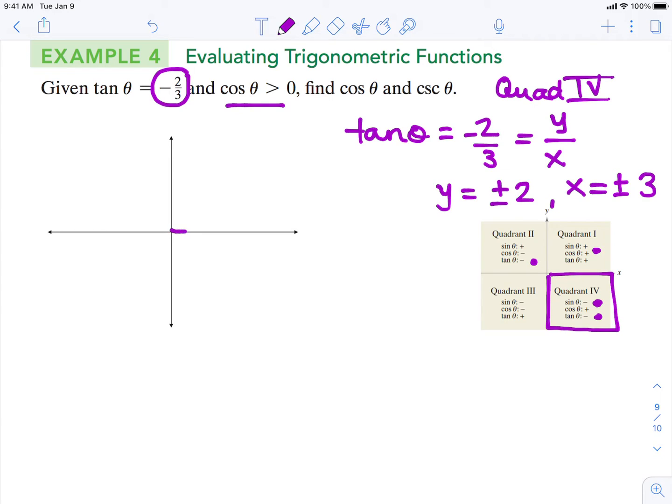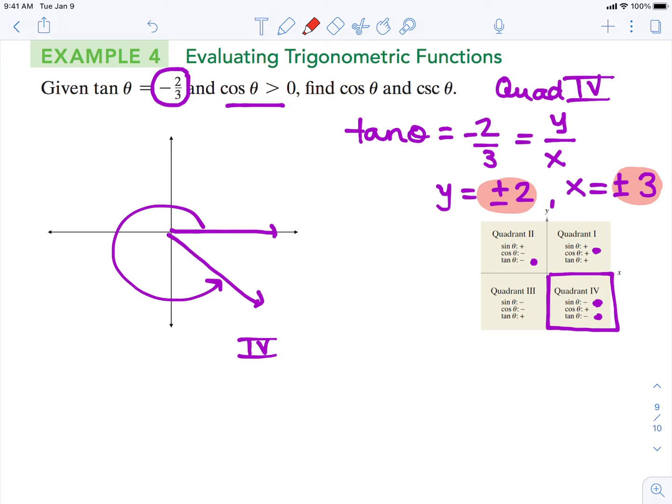So we're going to create an angle that's going to fall in this 4th quadrant. How we get that answer is by working with the y value and the x value. So on the y-axis, it's going to go down 2 units.